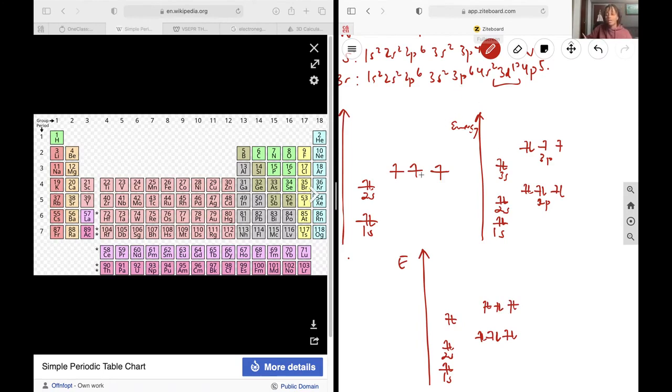The reasoning why is just because the energy spacing between 4s and 3d shrinks as you go down the periodic table, and so at a certain point they actually cross each other, and 3d now goes under the 4s, and that actually happens around scandium, and so that's why bromine only has 7 valence electrons.